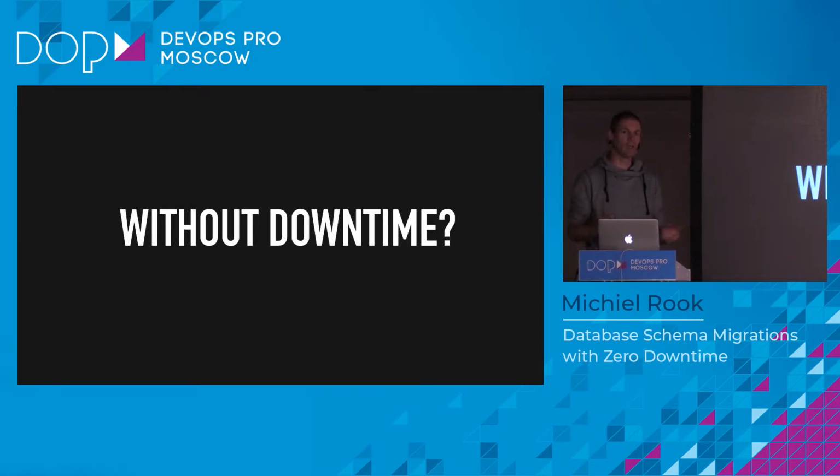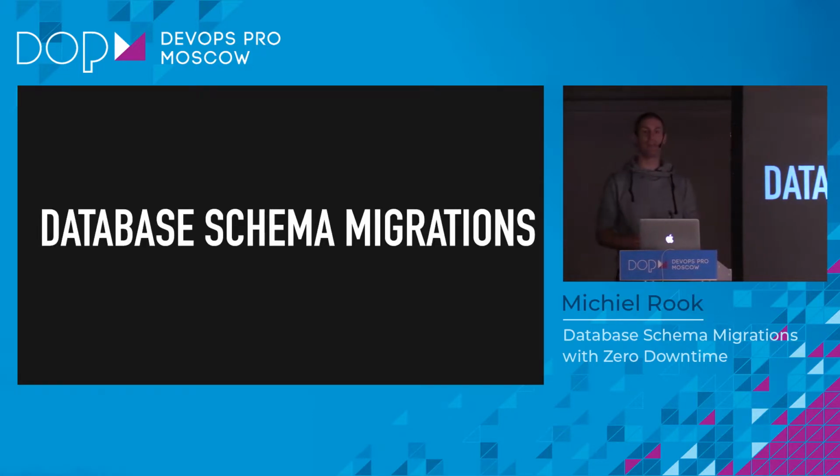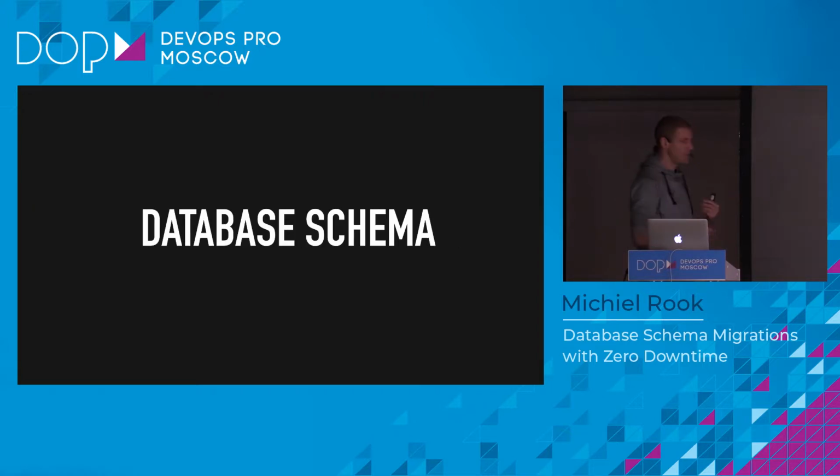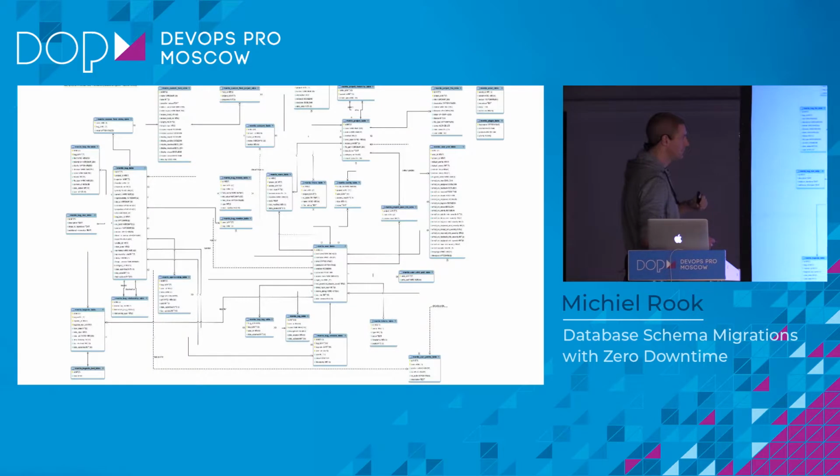Database migrations, when I talk about them in the context of today's talk, I'm talking about database schema migrations. And a database schema, let's talk a little bit about what that is. This is one of the pictures you could think of when you discuss a database schema.